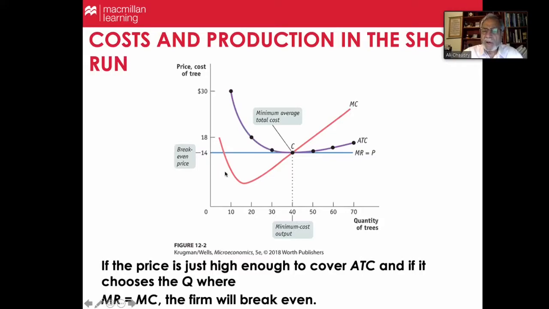So the marginal cost intersects the average total cost from below at the minimum point of the average total cost. As you can see, this is where the average total cost is at its minimum. So that's the point at which we find that the optimal output is 40 in order to minimize the cost.